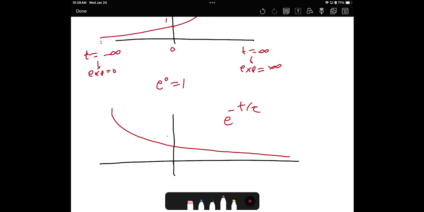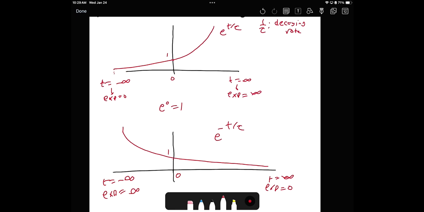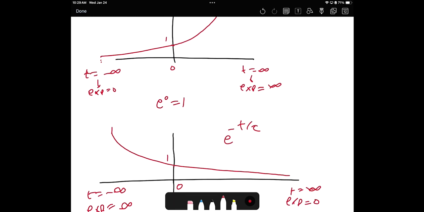So here is 1, then here, for example, at t equal negative infinity, exponential will be infinity, while at t equal infinity, exponential will be 0, and here at t equals 0, it will be 1. So in all of these cases, it will be 1, no matter if it's positive or negative. And we know all of this from math, so there is nothing new.